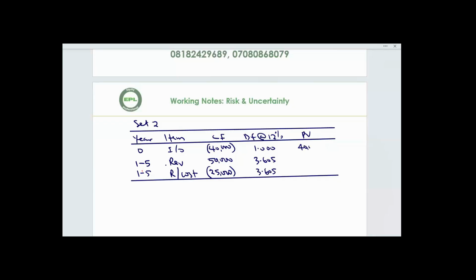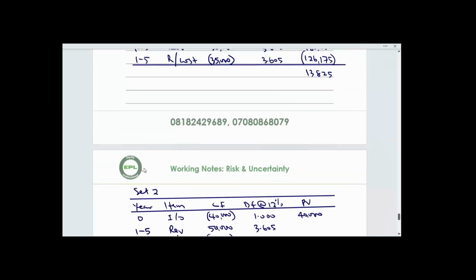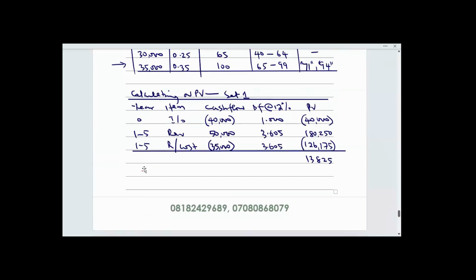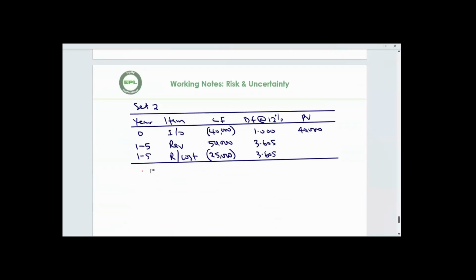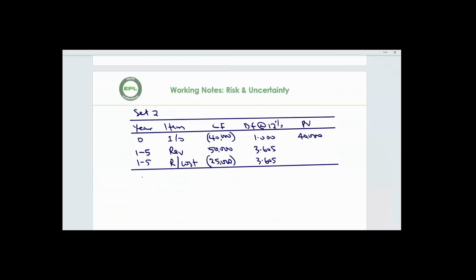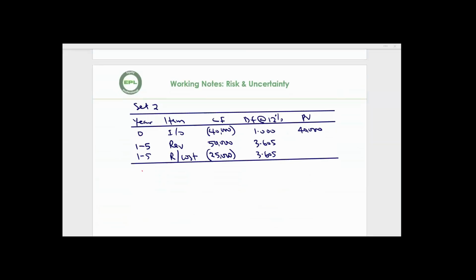Here is 40,000, right? So what do we have here? 50,000 multiplied by 3.605 is 180,250.